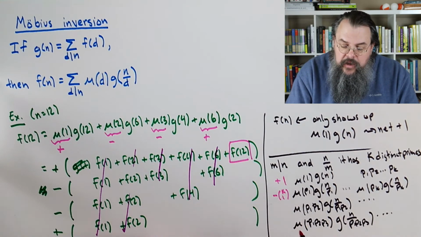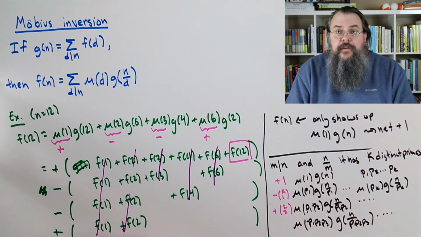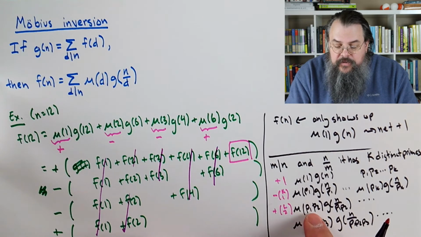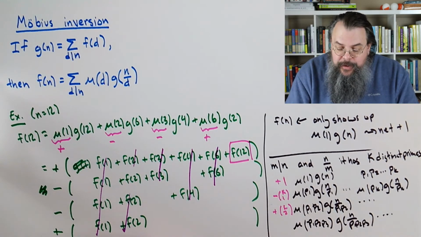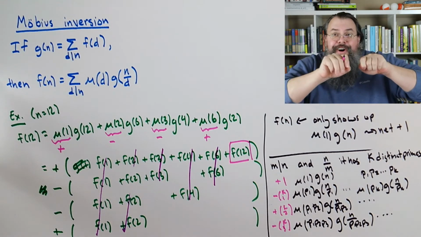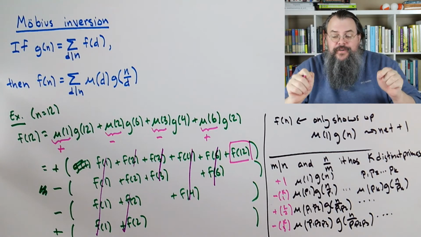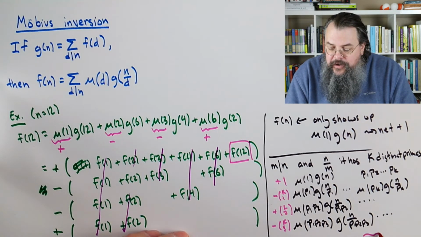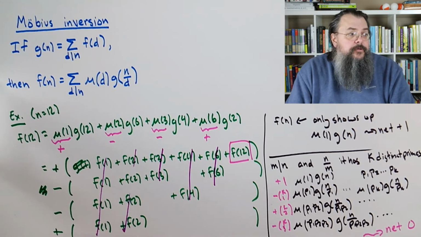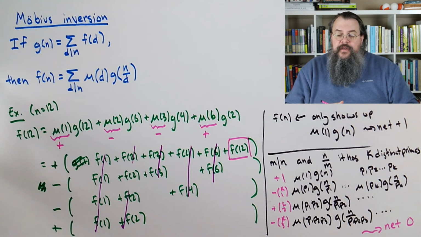We pick the 2 primes, k choose 2, in all possible ways. And their contribution, because of the Mobius function, is positive. We keep going, and when we go down to 3, it's minus k choose 3, and so forth. What we get is this alternating sum of binomial coefficients, which is 0. And so our great aha is our net 0. Perfect. That is exactly what we want to happen.